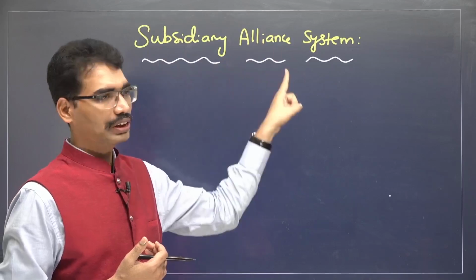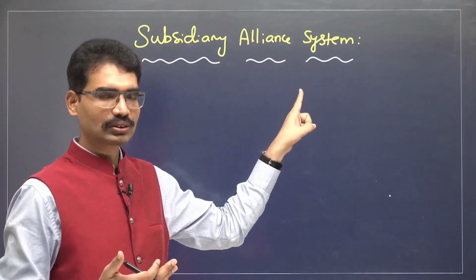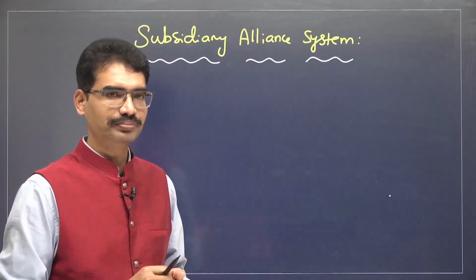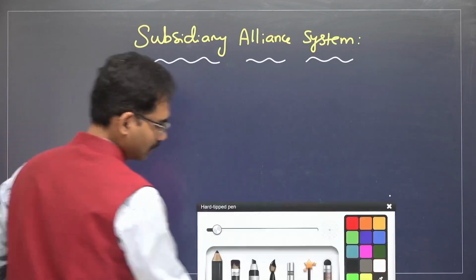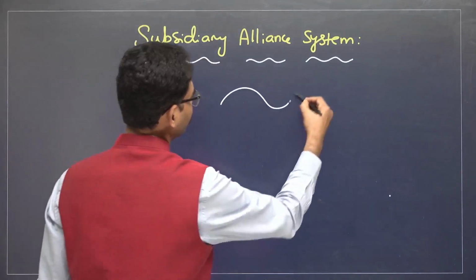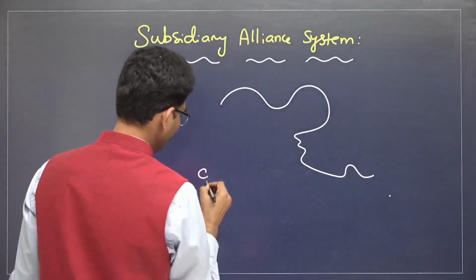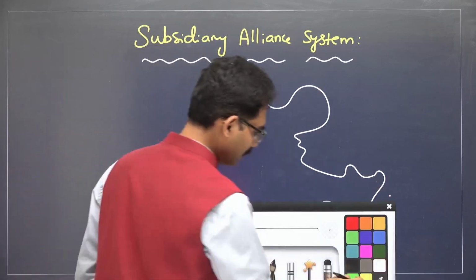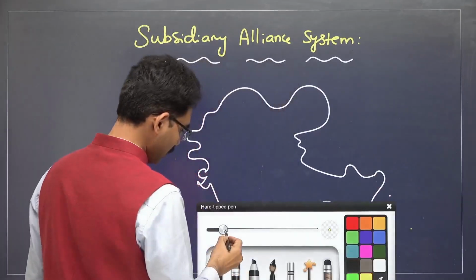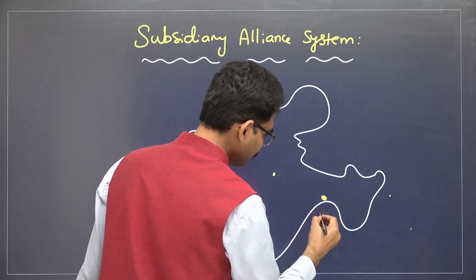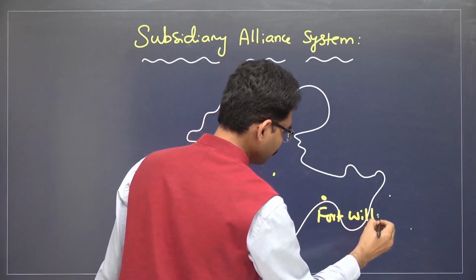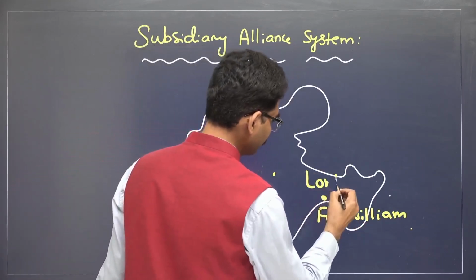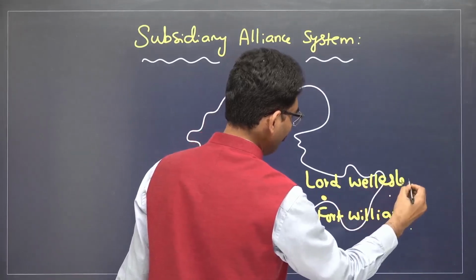But it is not only about security. There are many other elements also by which the Indian rulers literally signed away their independence to the British. One by one. When it comes to the usage of this principle in capturing Indian powers, the Governor General of Fort William, Lord Wellesley.